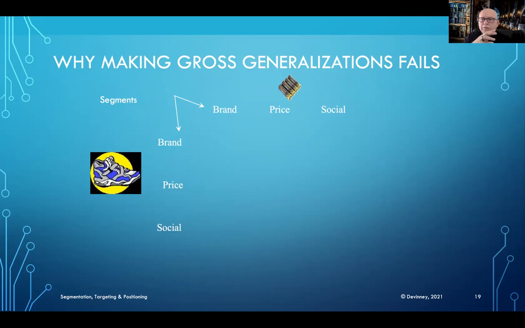But I'll give an example with two products, where the three segments arise out of this. So there are three types of decision models: one primarily driven by brand orientation, one driven by price orientation, and one driven by social ethical orientation.